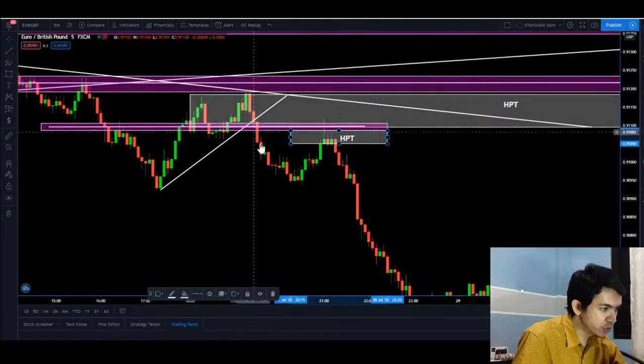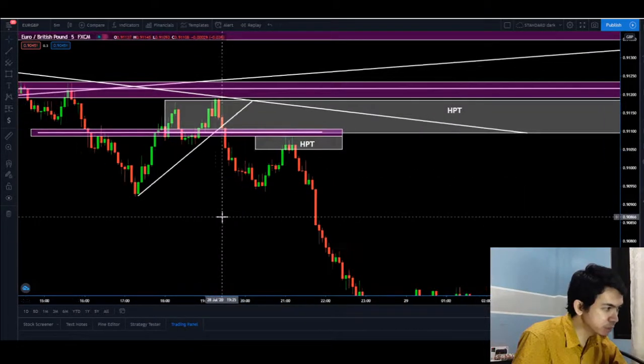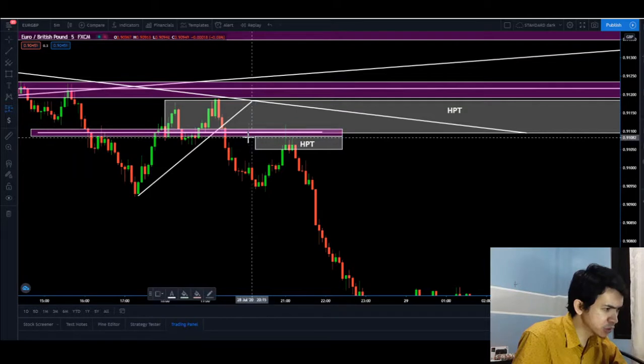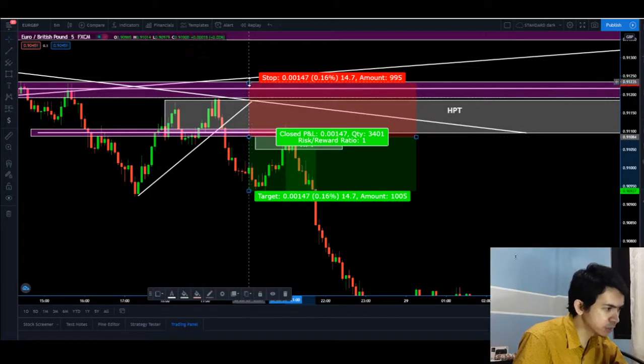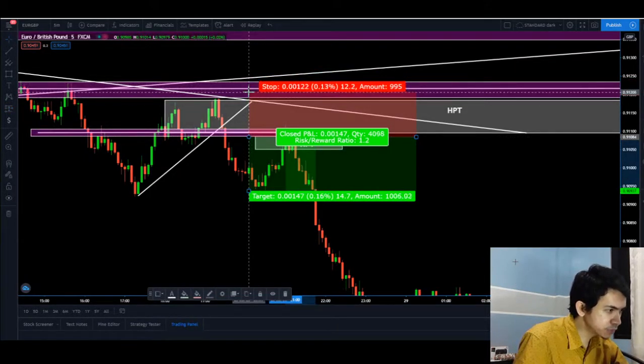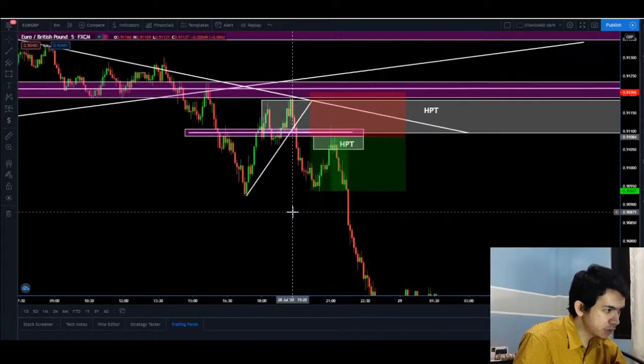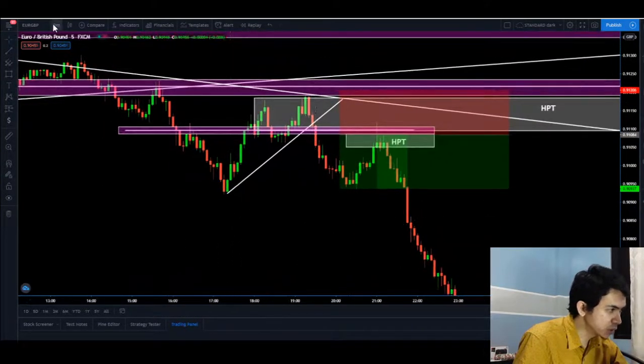When this move happened, I already placed my trade since I'm on a much lower time frame than an hour time frame. So you see the difference. Where is my take profit?